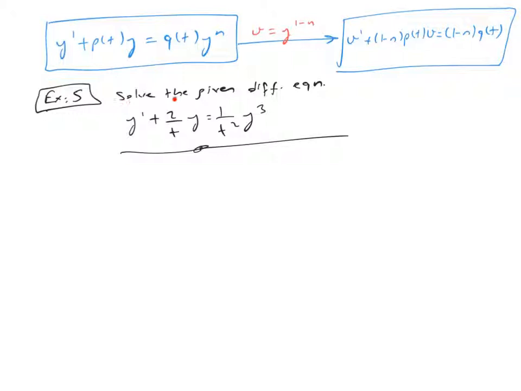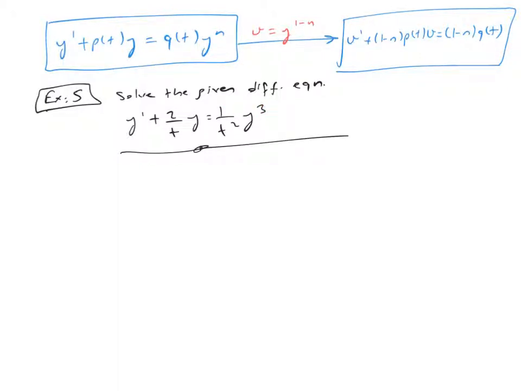In this example we are asked to solve the given differential equation, which is y prime plus 2 over t times y is equal to 1 over t squared times y cubed. This differential equation is in the form of Bernoulli equation, and here p of t is equal to 2 over t and q of t is equal to 1 over t squared, and n is equal to 3 here.